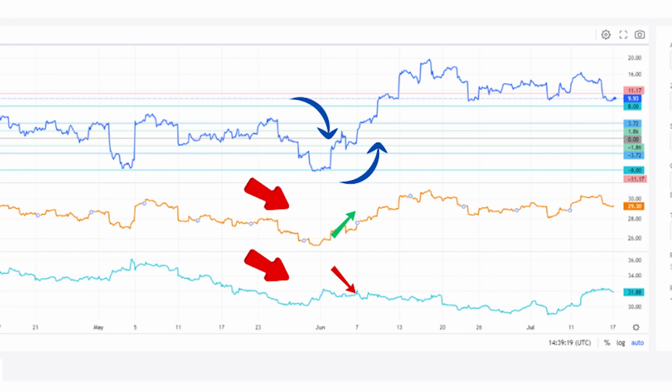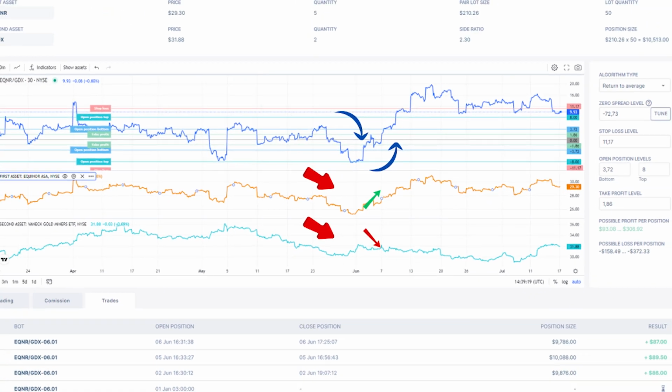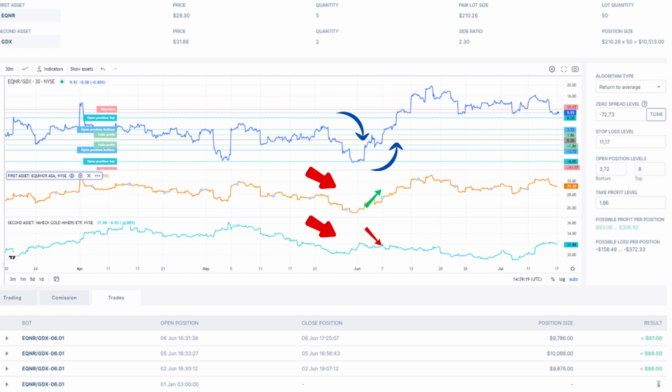However, you can see here that the spread remains relatively choppy and the bot exits with a small profit. Now the bot continues to execute a few more trades with the Equinor stock continuing to outperform the gold miners ETF. And this is a perfect example where you can generate a profit based on the pair's divergence and then its return to its mean.